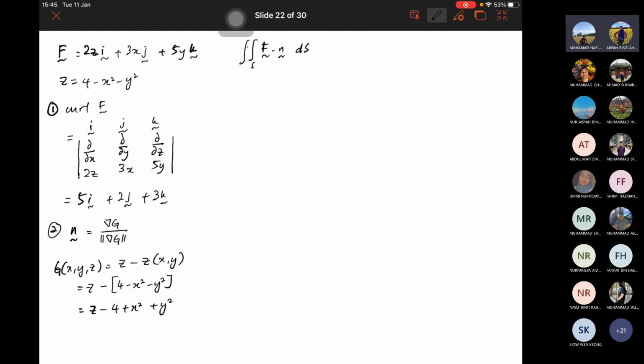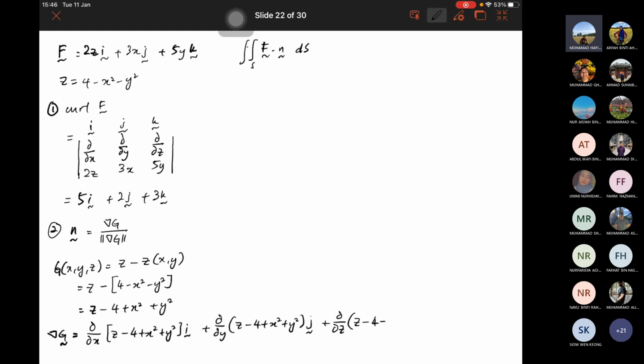And then delta g. Okay. This one equal to delta over delta x, bezakan partial derivative of x, plus partial derivative of y for z minus 4 plus x squared plus y squared j, plus partial derivative terhadap z of z minus 4 plus x squared plus y squared k. So delta g dapat apa?